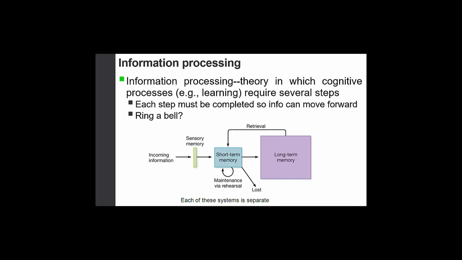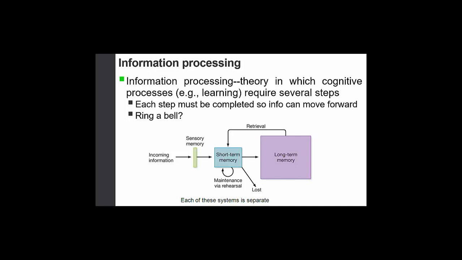Whenever you try to recall it, you're able to retrieve that information, and it goes back into short-term memory while you tell a friend what your childhood phone number was, and then that information will be stored back in long-term memory. So it's a rough overview of the modal model of memory.